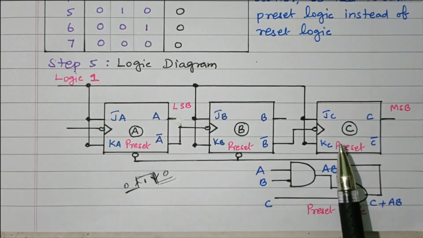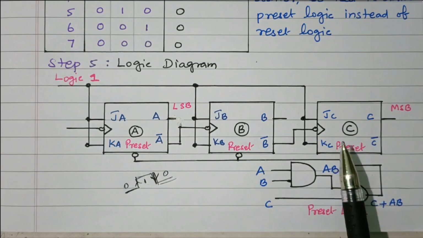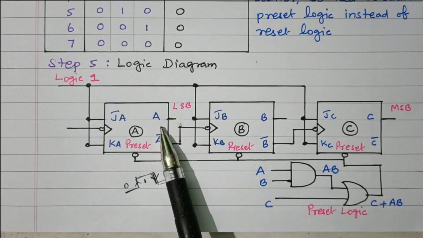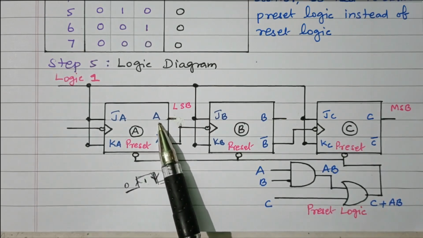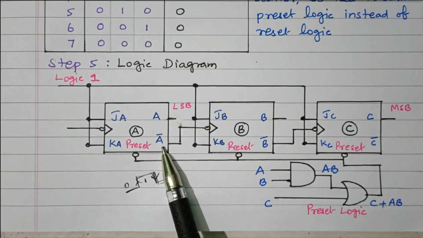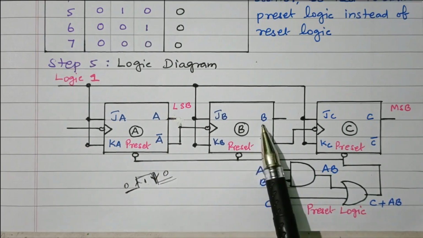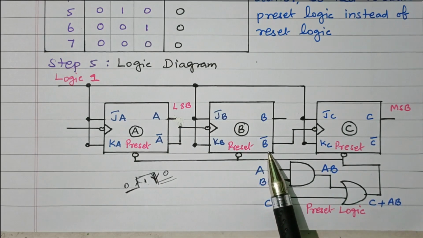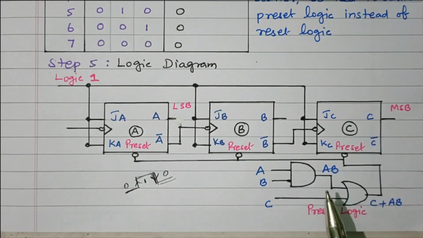So the operation is not synchronized, so it is called an asynchronous counter. So every negative edge of this clock pulse, the output of the first flip-flop A will toggle. Every negative edge of A bar, the second flip-flop output B will toggle. Similarly, every negative edge of B bar, C will toggle.